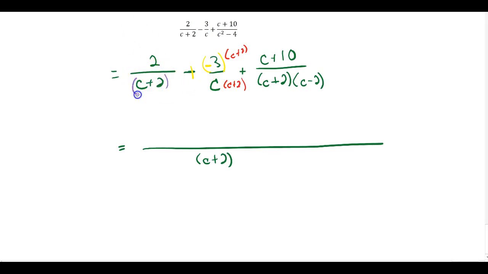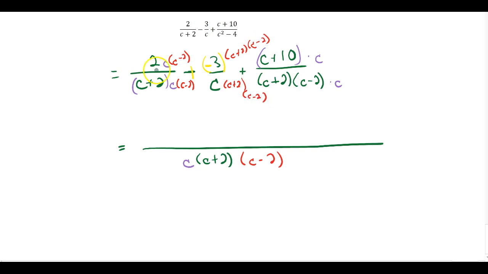So I'm going to multiply this one by a c and this one by a c and put a c down here. Now the c plus 2 is already here and all three of them have it. The c minus 2 I need. And I actually need the c minus 2 in both of these. So I need a c minus 2 and a c minus 2.